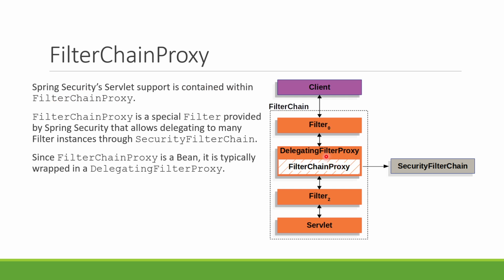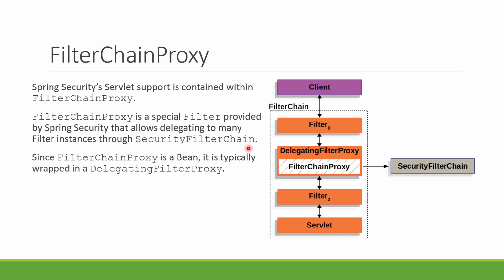When the request comes, it goes to Spring Security's delegating filter proxy. Delegating filter proxy will delegate the work to FilterChainProxy. And the FilterChainProxy is a special filter provided by Spring Security that allows delegating to many filter instances through security filter chain. Like a tongue twister.